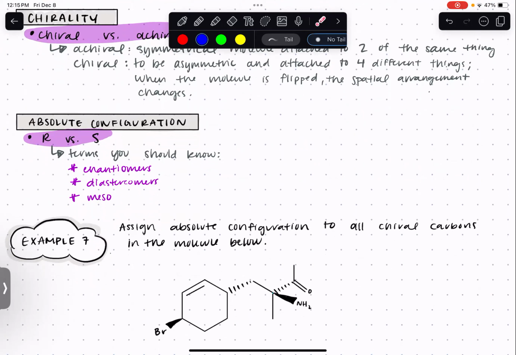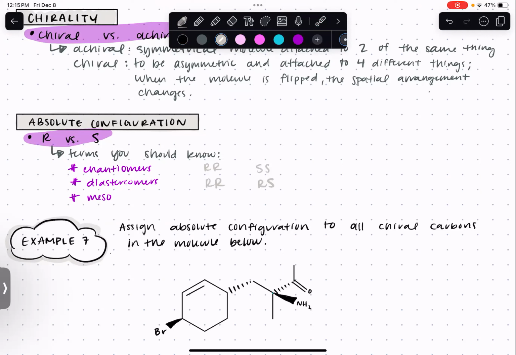And with R versus S, at this point, you should be relatively comfortable with assigning R and S. And some terms that you need to know are enantiomer, diastereomer, and meso. Enantiomers are when our configuration flips completely. So if we're looking at something that's originally RR, an enantiomer of that would be something that is SS. Diastereomers would be where we have something that's RR, and now it's RS.